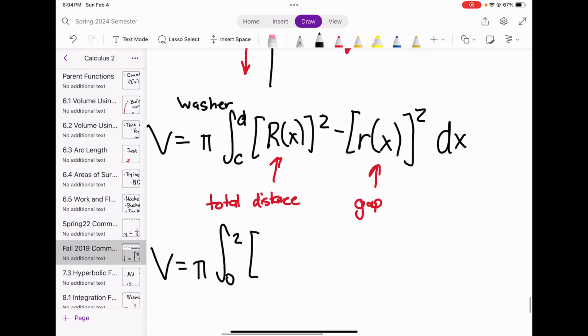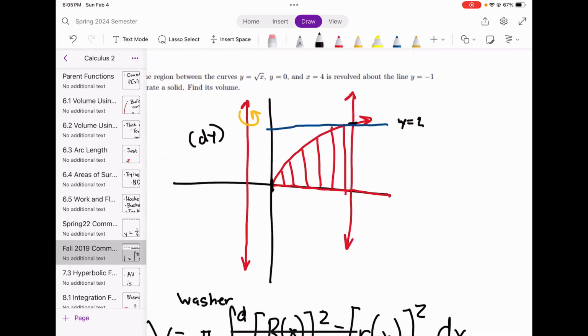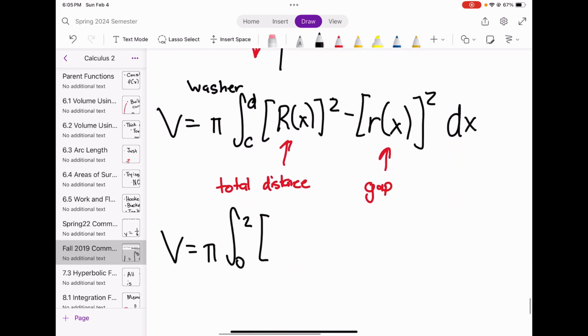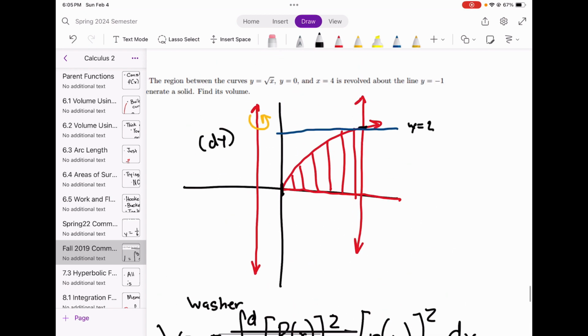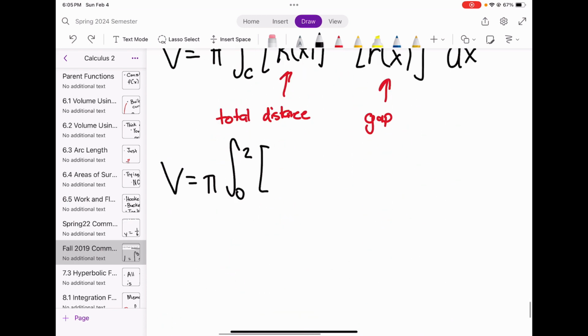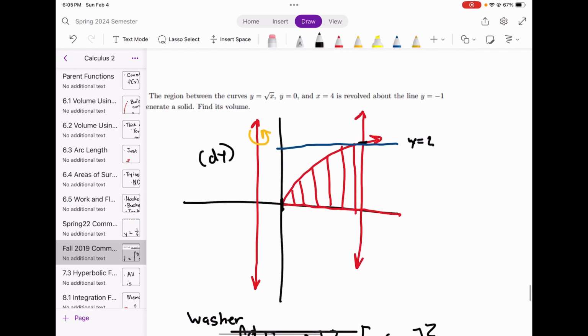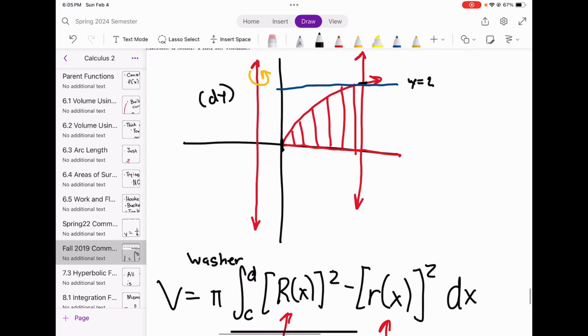And then we just go with big R. R is going to be the full thing, which I guess is just 2 to 0, right? So it's 2 squared, minus, and then little r, which is the gap, is going to be 2 minus y.